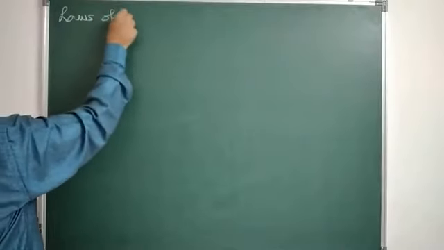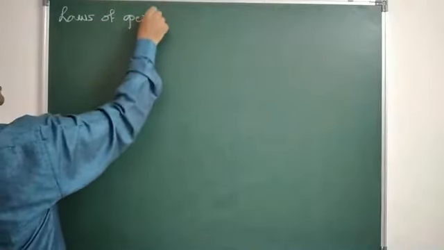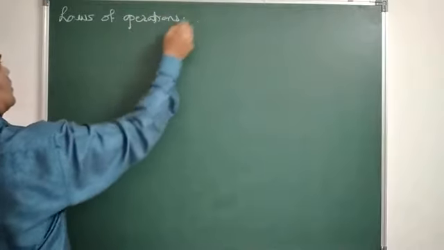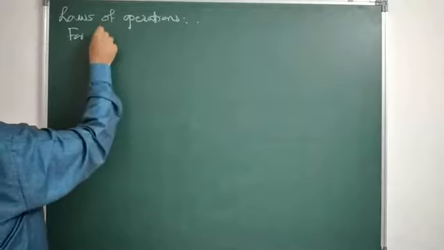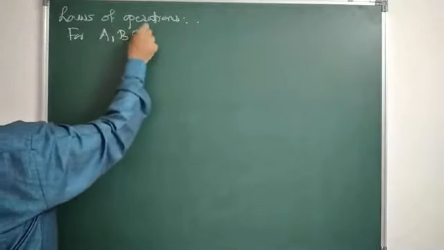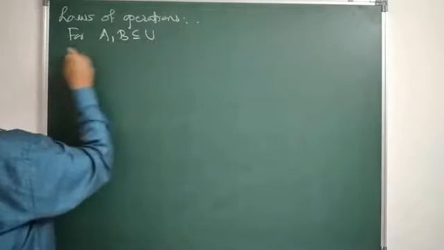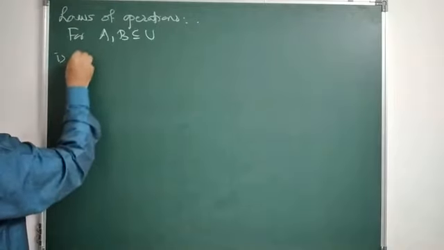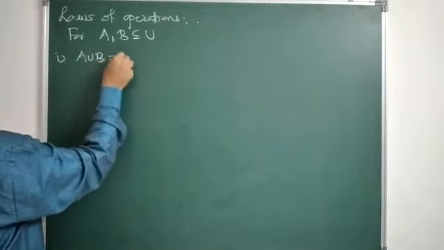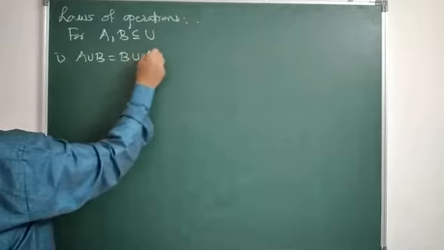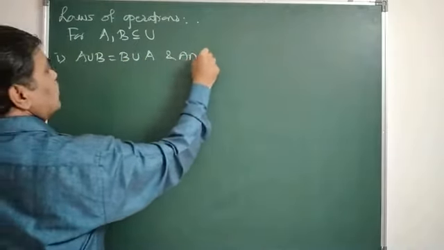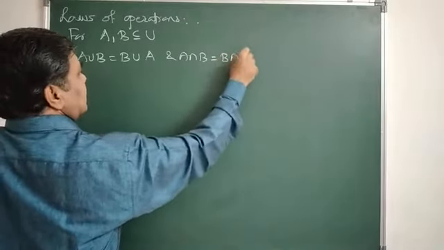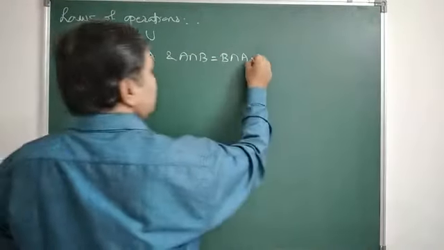Laws of operations. For every subset of the universal set U, first, A union B is equal to B union A, and A intersection B is equal to B intersection A. These are known as commutative laws.